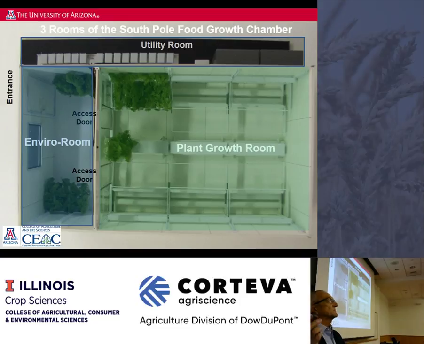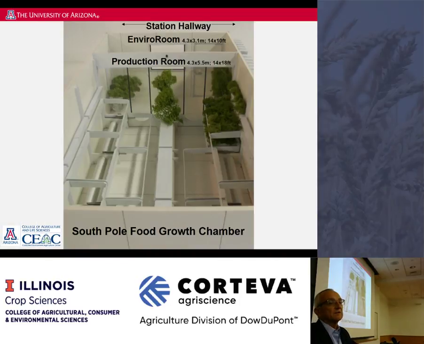The place smells better, and it's warm and humid, which Antarctica is a frozen desert. Less relative humidity than we have in Tucson, Arizona. They're down in the low single digits, so a lot of nosebleeds. Life is difficult. It's an extreme place. And then the utility room, where we have to have our hardware systems to keep all the plants alive.